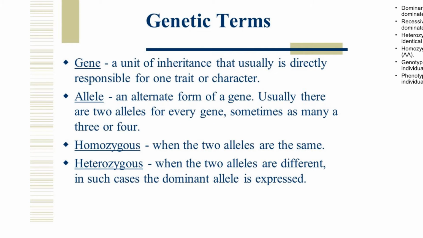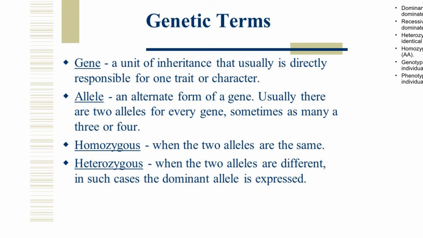I'm not sure that's the right way to say that, but sometimes as many as 3 or 4, and sometimes many more than that. You could have 10 possible alleles, but any individual can only have 2. Think of the numbers 1 through 10. Those are alleles, and an individual could have 3 and 7. Another individual could have 9 and 1, and so forth.